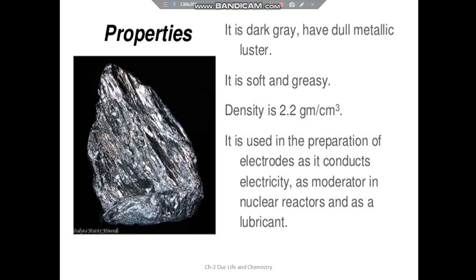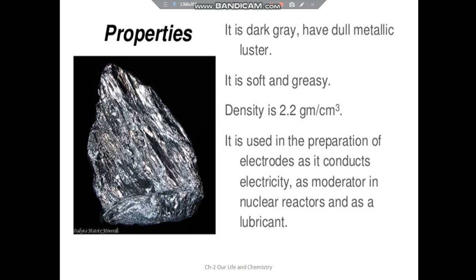Graphite is a good conductor of electricity because, unlike diamond, where all 4 electrons of carbon were utilized, in graphite one carbon atom is bonded to the 3 neighboring carbon atoms, and hence it has 1 electron free.